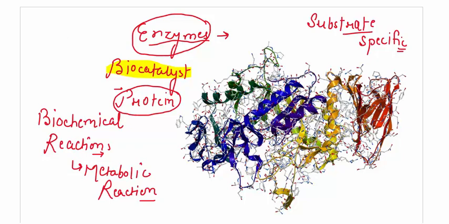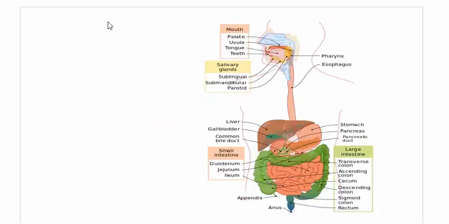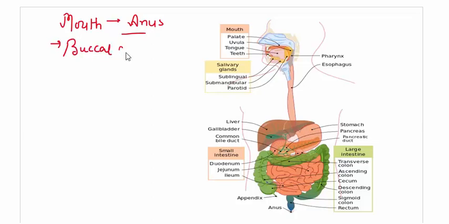Let's have the discussion for the alimentary canal. The alimentary canal starts with the mouth and ends with the anus, and during this course we have to consider the buccal cavity, which is also called the mouth cavity.